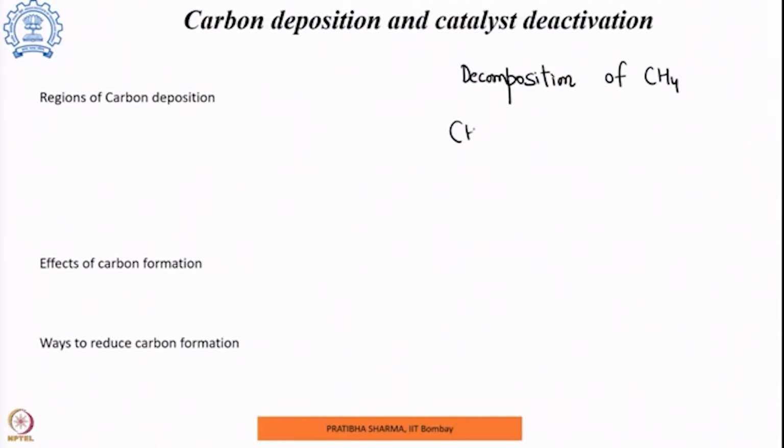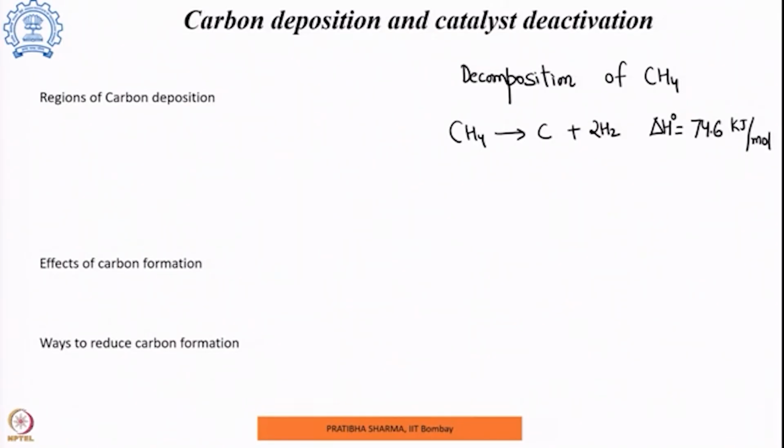So, methane can decompose to give carbon and hydrogen. Delta H for this process is 74.6 kilojoule per mole.